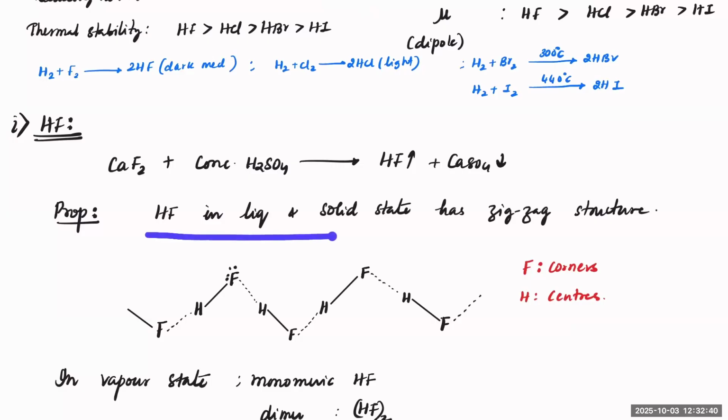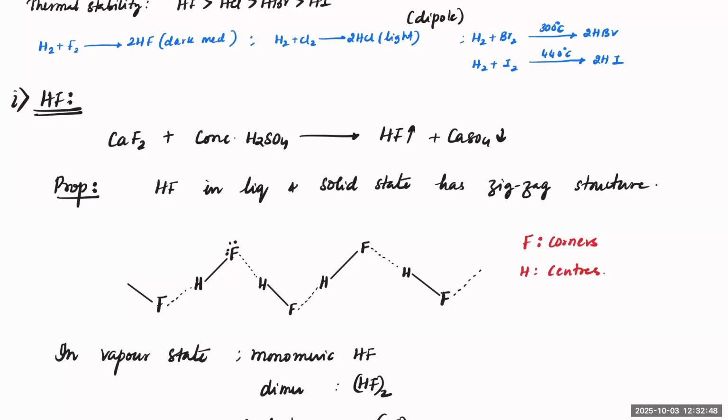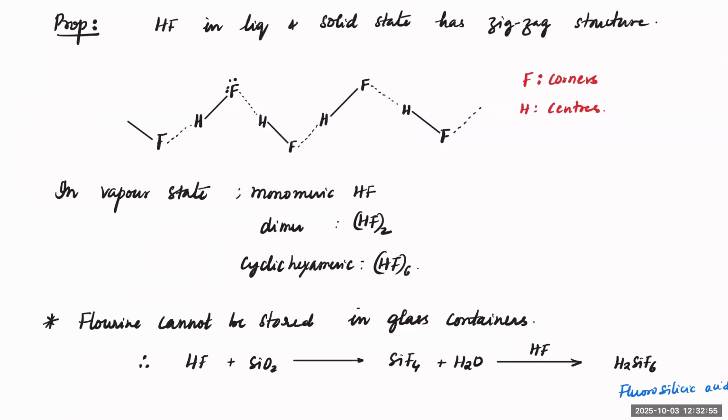And HF in the liquid state and solid state does show a zigzag type of structure. And in vapor state, HF is in monomeric form.